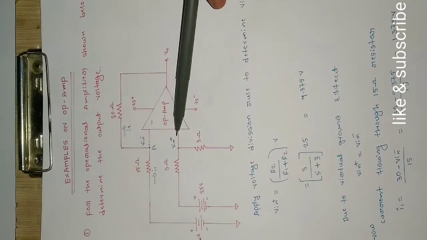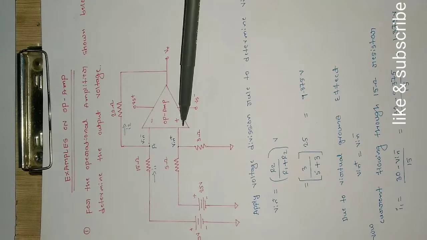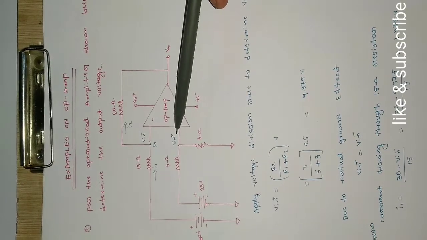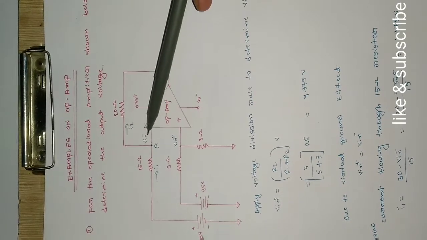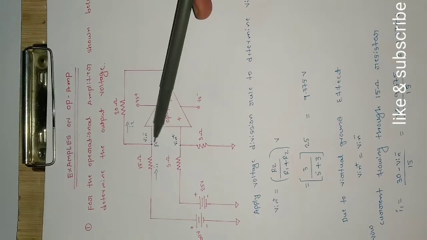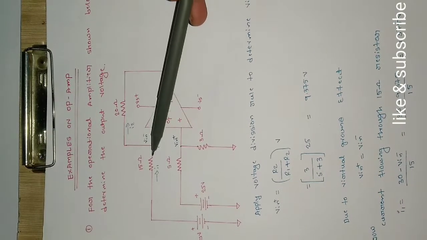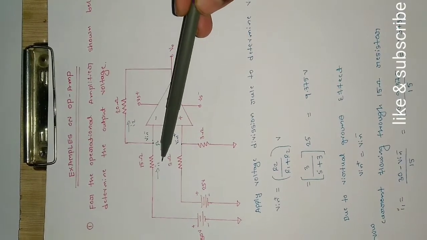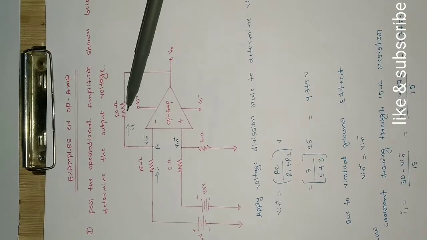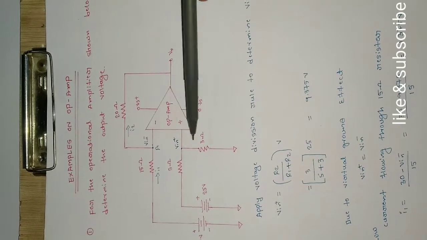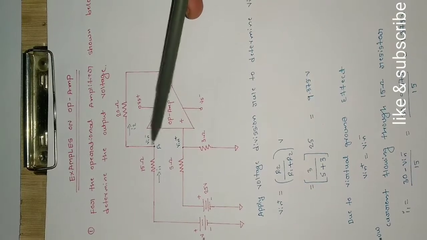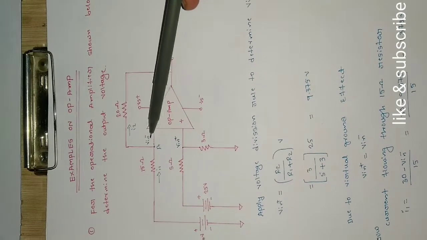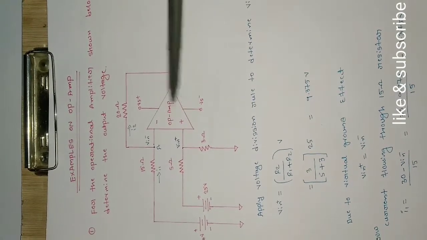So this is the voltage which is present at the non-inverting terminal, so I will call it V in plus, and this is the voltage which is present at the inverting terminal, so I will call it V in minus, and this is the node A. So the current flowing through the 15 ohm resistor I have taken as I1, and the 20 ohm resistor. As no current flows through the op amp, this current is coming up to this point and it should go in this direction, because there is no path for it to go inside the operational amplifier.